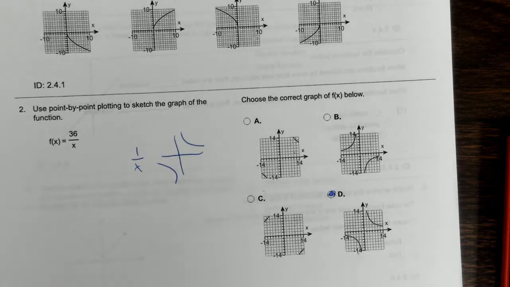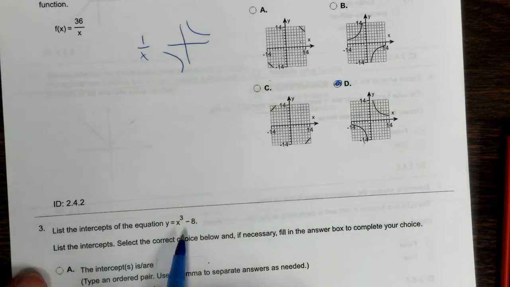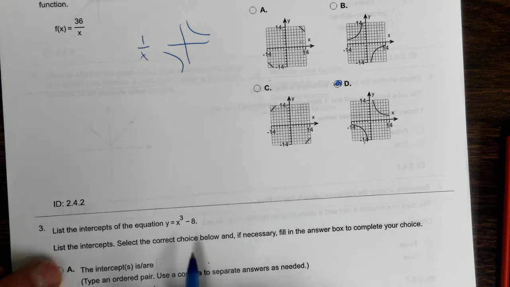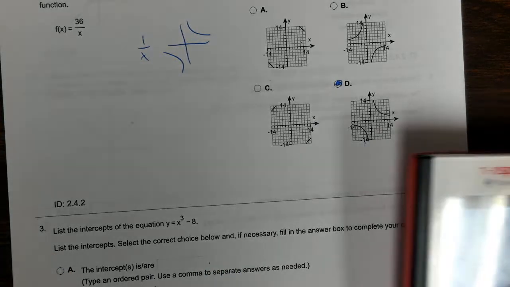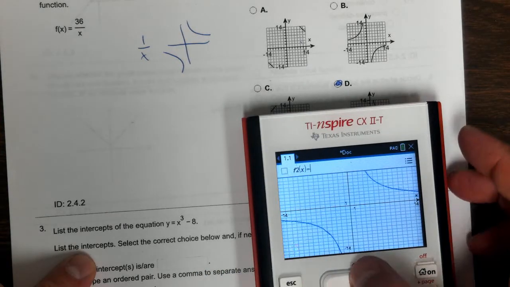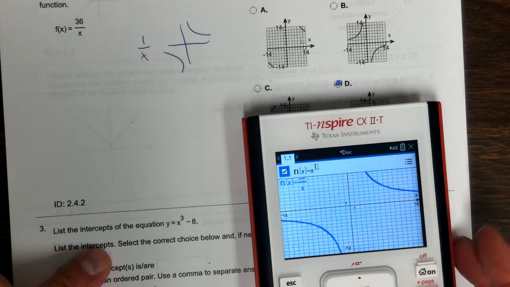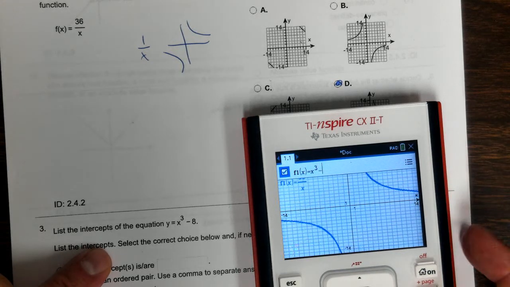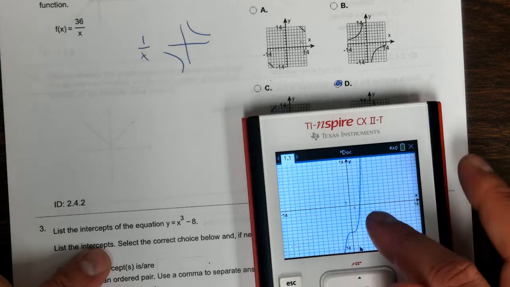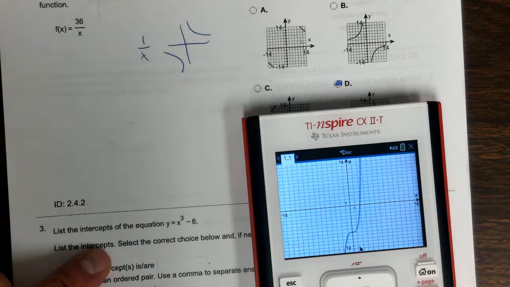Okay. The next one says list the intercepts of x cubed minus 8. So x to the 3rd power minus 8. Okay, it looks like that. You have one of them at (2, 0).